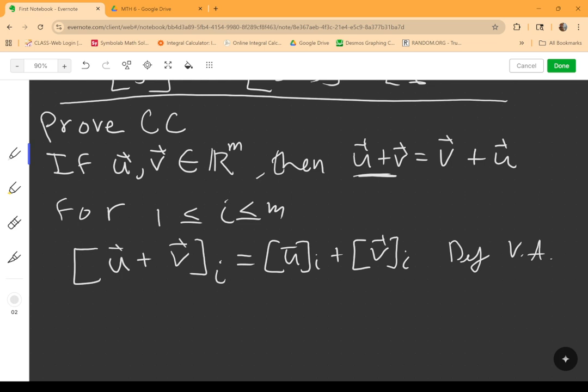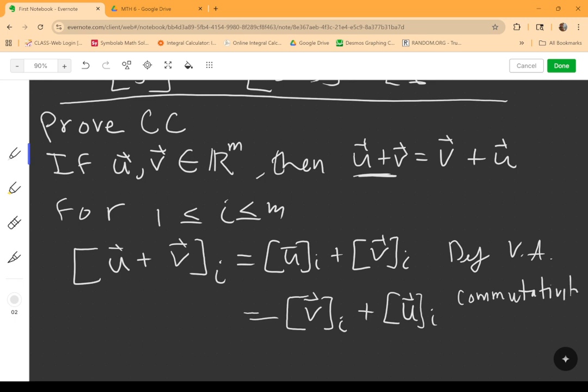Now if we notice again, these individual terms here are real numbers. So I can lean now on the axioms of real numbers to say, well, each of these terms is a real number, so I know that real numbers possess the property of commutativity. Commutativity of real numbers.